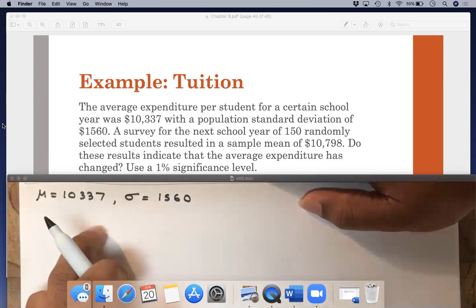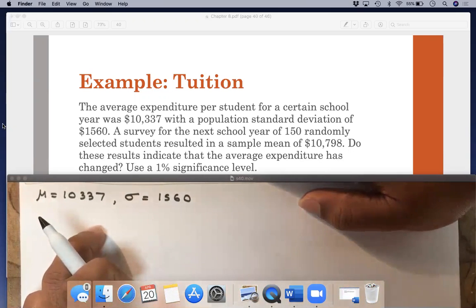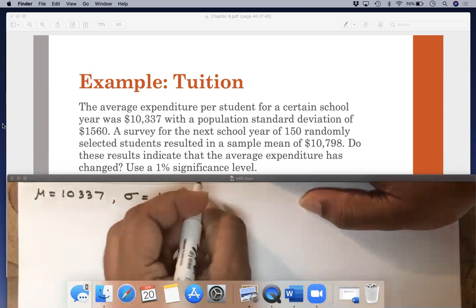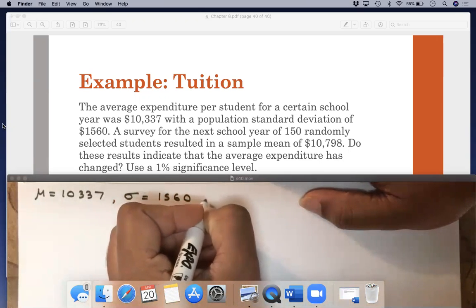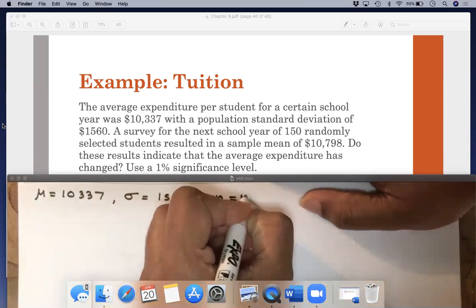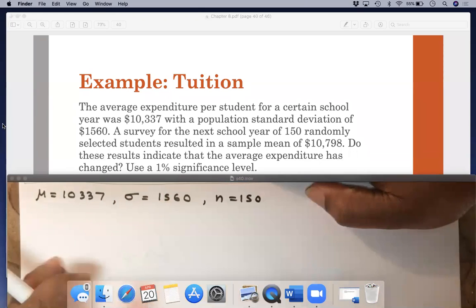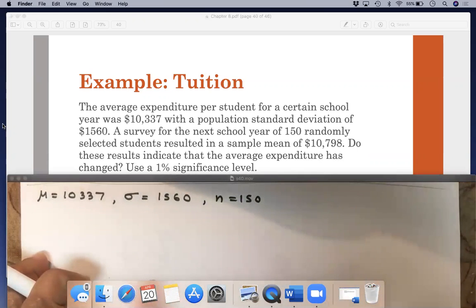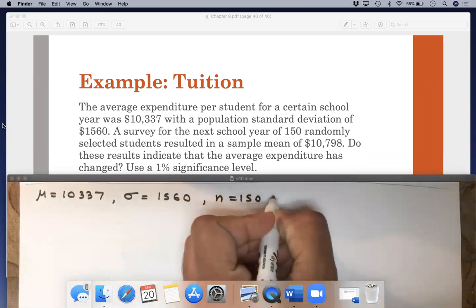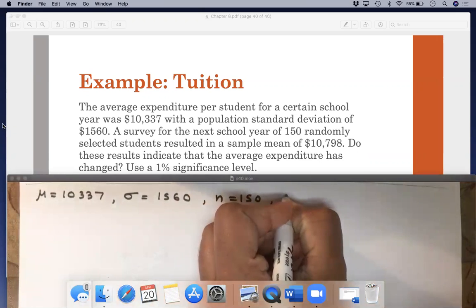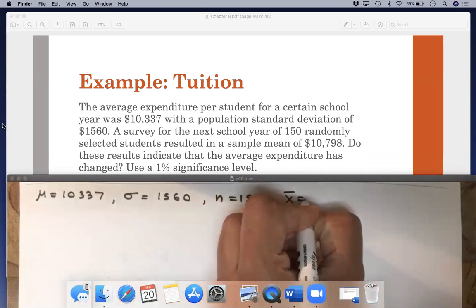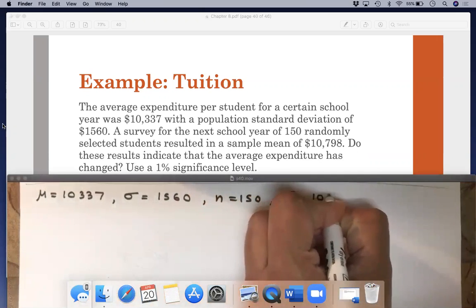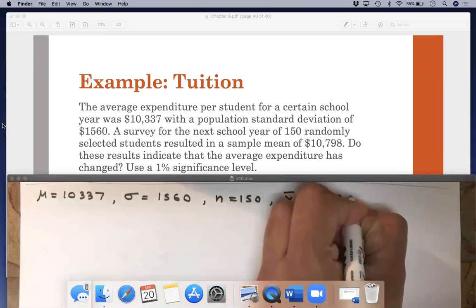Then a survey for the next school year of 150 randomly selected students. So our sample size is 150 students, resulting in a sample mean, that is x bar, of $10,798.